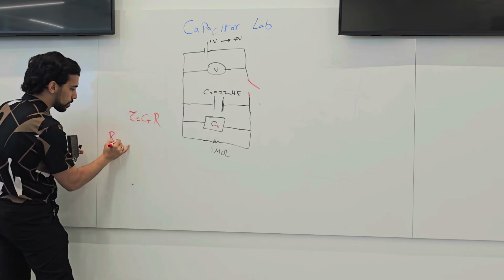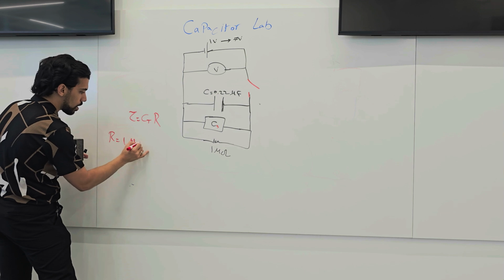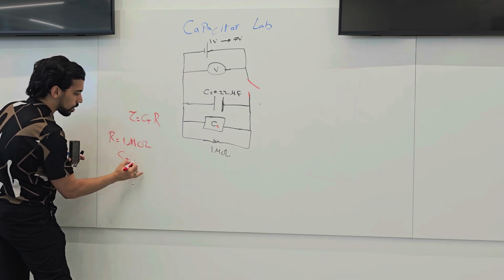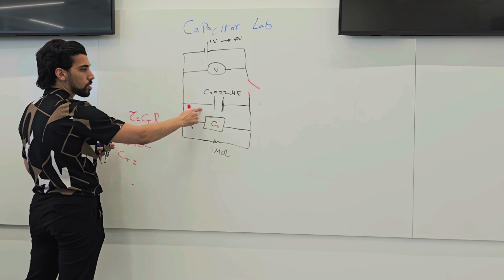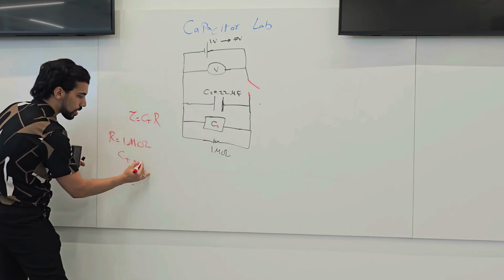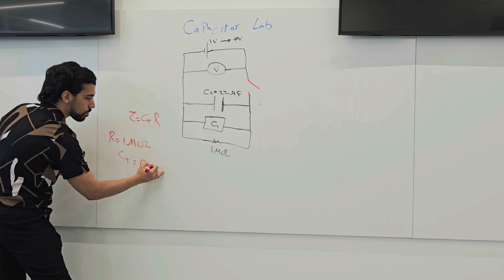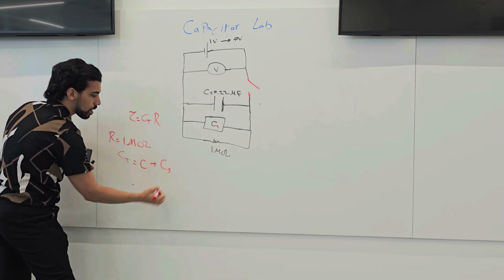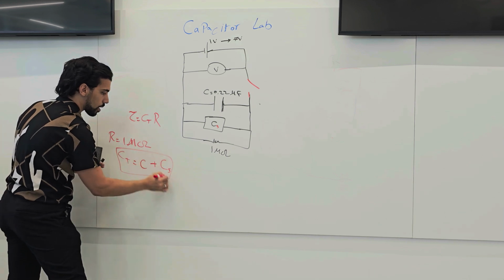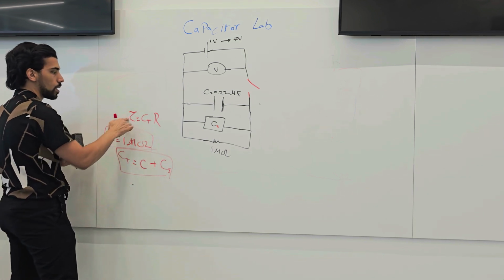The resistance is equal to 1 mega ohm, and the total capacitance, since these two capacitors are in parallel, is equal to 0.22 microfarad plus CS. So this is C total, this is R, and this is tau.